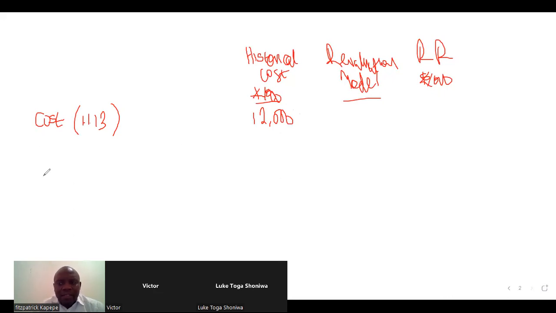Then we had the accumulated depreciation. For how many years? For 10 years. So we have 12,000, or 12 million, divided by 10 years, times how many years accumulated? 2 years.